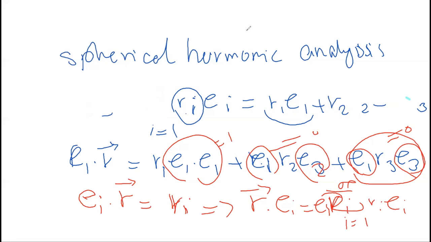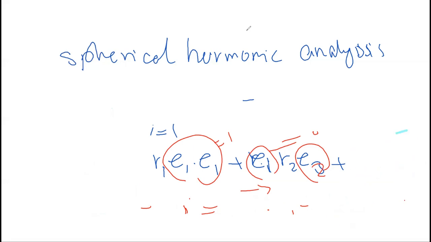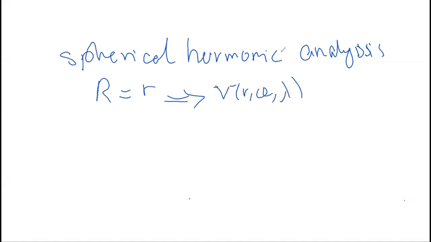Let me clean this one. So think that, as a special case for the terrestrial data, r is equal to R. Then the potential at point r will be the summation, n from 0 to infinity, m from minus n to n, of V_nm Y_nm of theta and lambda.